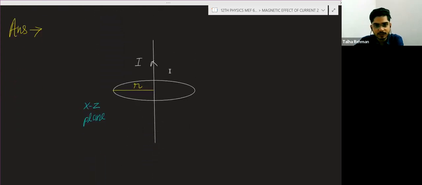So for that, what you should do, you have to suppose there is a conducting wire, and in this wire the current is in this direction, and you will find the direction of this loop. The direction of the loop will be this. You will apply the right hand thumb rule.